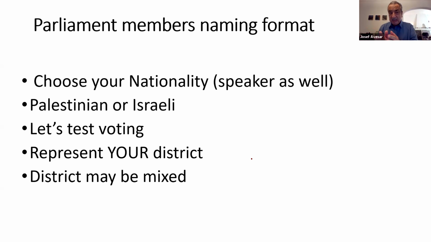You could have been elected by Israelis and Palestinians. So just decide in your own head, are you from an Israeli district from Tel Aviv? Are you Palestinian from Gaza? Or are you an Israeli or Palestinian from Jerusalem? Just decide in your own head and be consistent when we are asking you to vote. Okay.